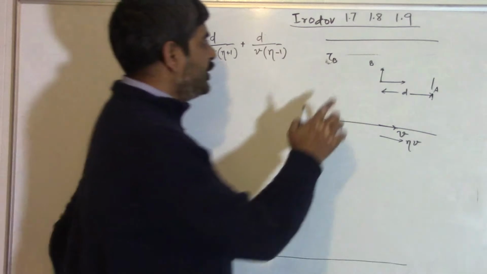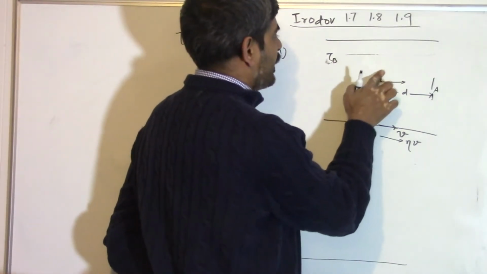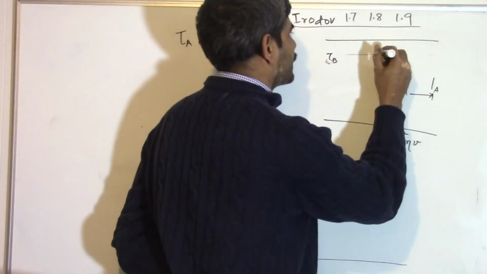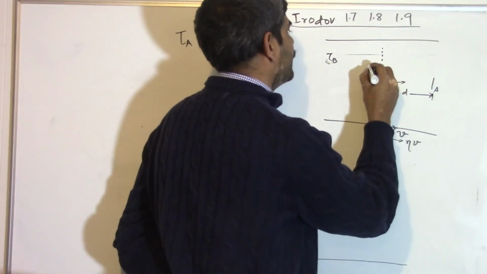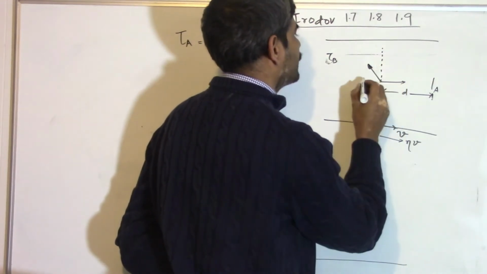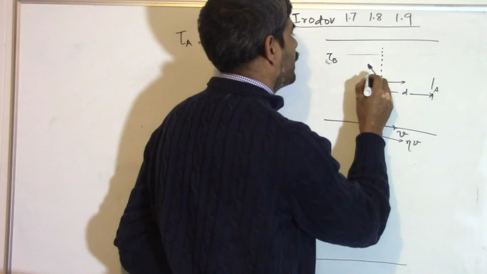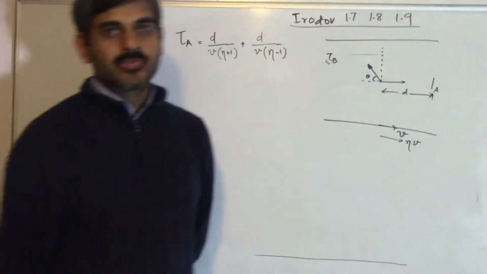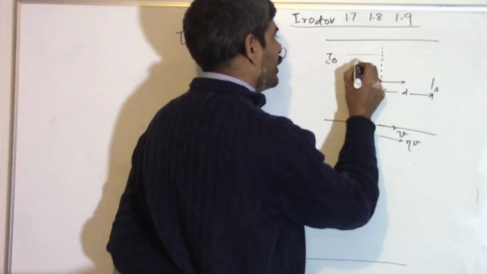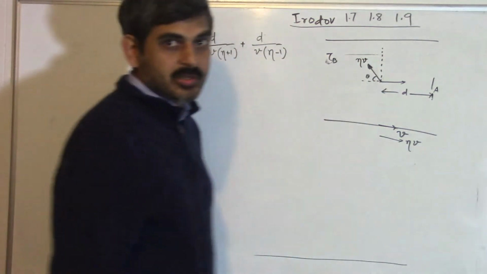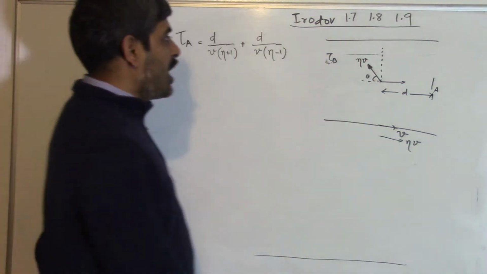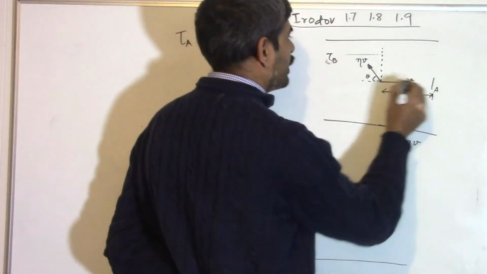The situation of B is a little different. He has to move along this direction, and in order to do that, he will move a little in this direction, making, let's say, an angle theta. He is moving with his own velocity ηv in still water. Now this velocity is v.